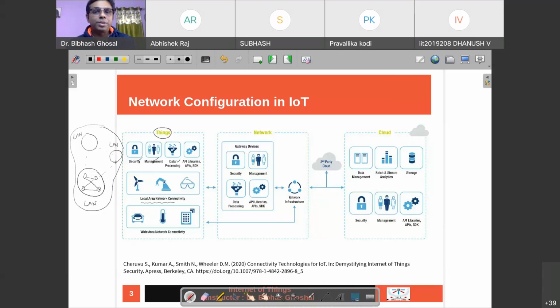To that extent you can do it, but still it is within a very limited geographical region. If you are doing it for your own house, you may be okay with LAN technologies which are very low range, such as Bluetooth or infrared. If you are extending that for a building, you may go for maybe Bluetooth, maybe Wi-Fi. So it depends on to what extent geographical location you are trying to build your IoT system. Okay, so this is the lowest layer.